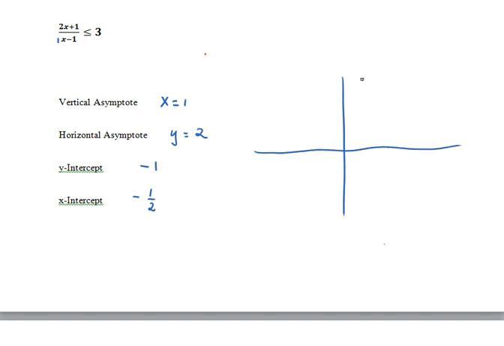So vertical asymptote at x equals 1, horizontal asymptote at y equals 2, y-intercept at negative 1, x-intercept at negative 1/2. So the hyperbola is sitting in a very similar way to what it was sitting in the last example.